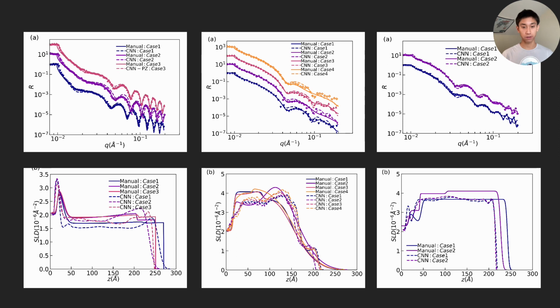For the bottom three panels, you can see the comparison of the manual and convolutional neural network SLD curves to see how well the convolutional neural network actually does. As you can see, it does pretty well, and I would say these are pretty good results.